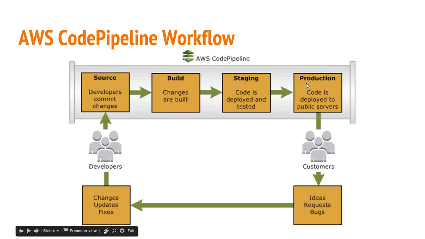Once it is pushed to production, customers will review the changes, test the functionalities based on their requirements, and use them in their real-time environments. If any modifications or improvements are required, they will give ideas or requests, and if there are any bugs, they will log the bugs.